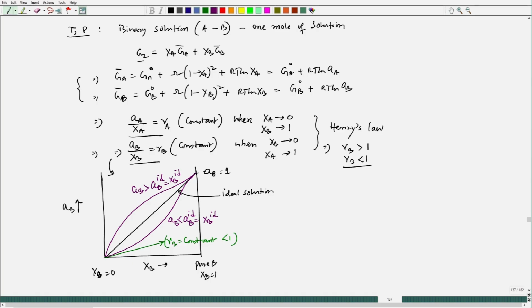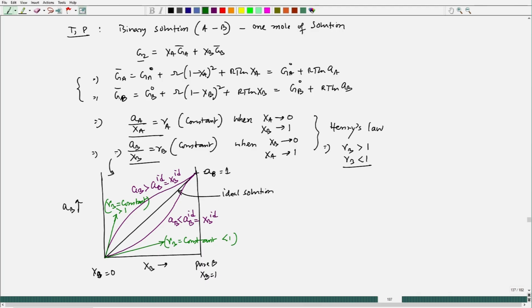Here also I have to draw a tangent when XB tends to 0. So, gamma B is a constant and greater than 1. That is the condition we are getting.